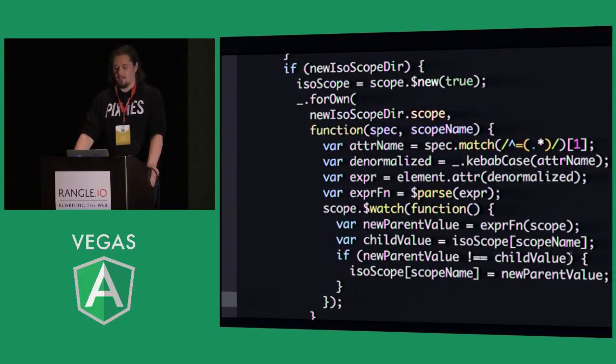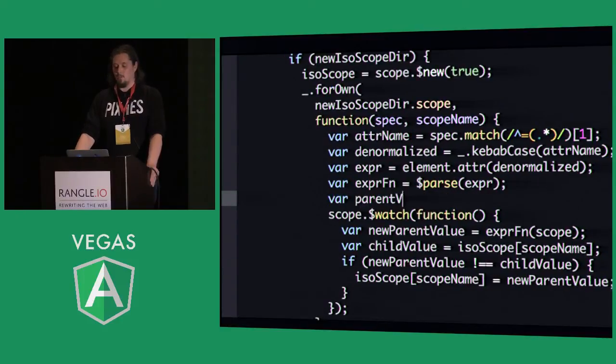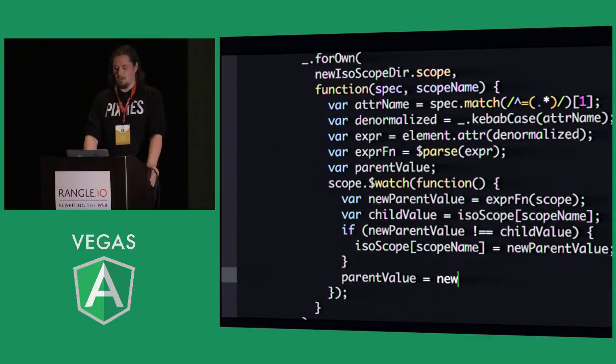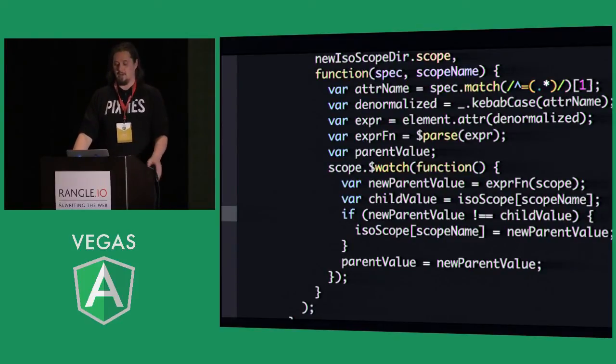And the key to that is to introduce one more tracking variable, which is called parent value. And that variable will always hold the latest value we have seen the parent expression to have. So between digests, we remember what we saw as the value of that expression on the parent scope. Because once we have that, we can check this when we actually detect a change where the parent expression value and the child value are different.